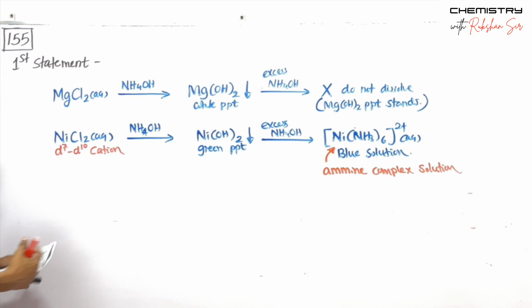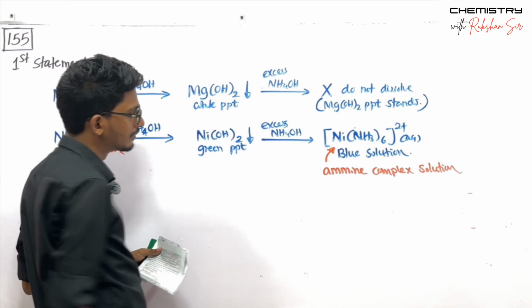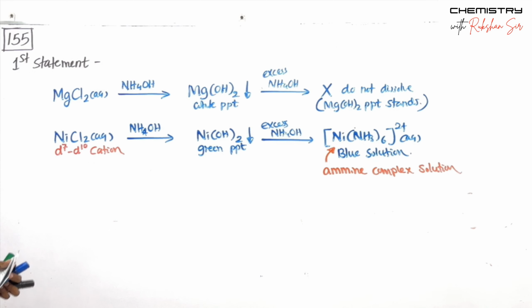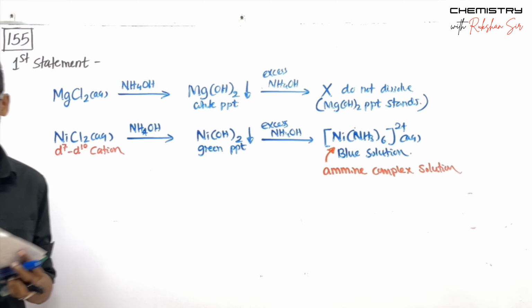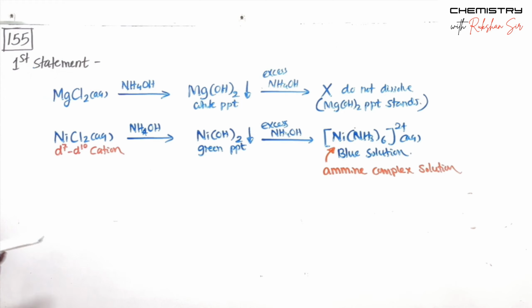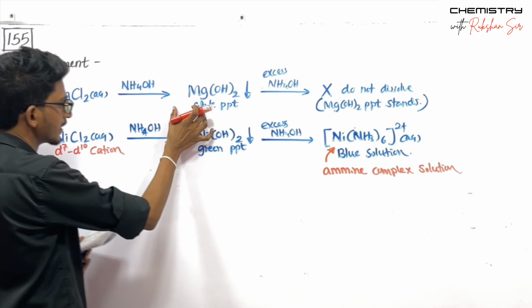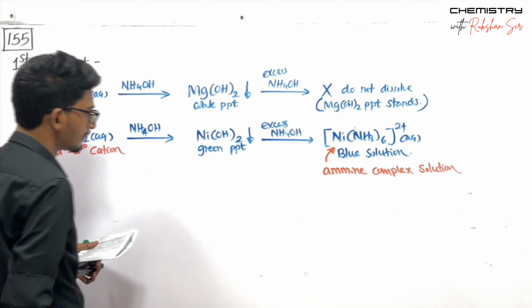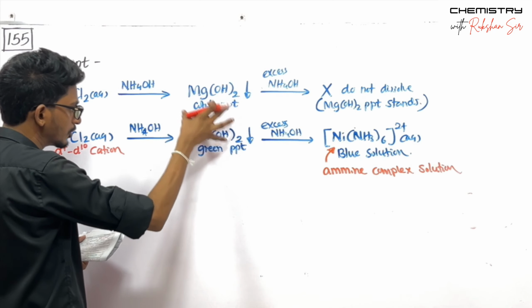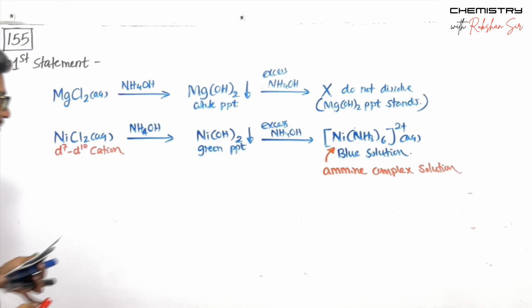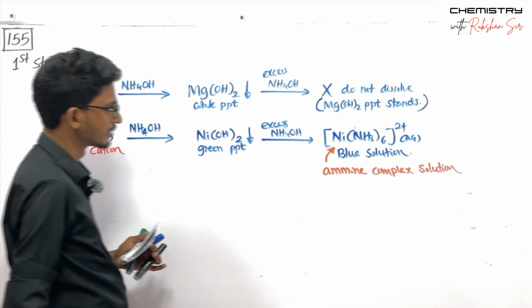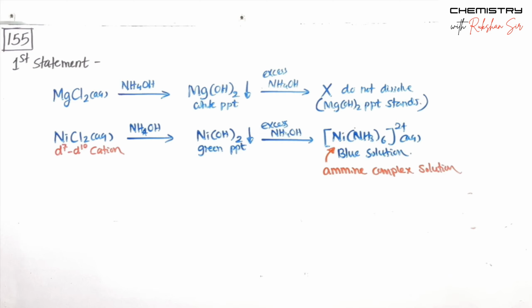So no stable hydroxide precipitate can be formed with the excess ammonia by a d7 to d10 cation. As magnesium is not a d7 to d10, the hydroxide won't dissolve in excess ammonia. But as nickel hydroxide is a d7 to d10 hydroxide, it will dissolve in excess ammonia. So the statement can be taken as true.